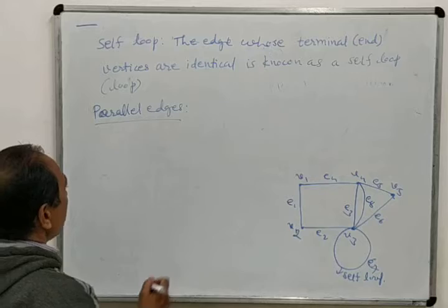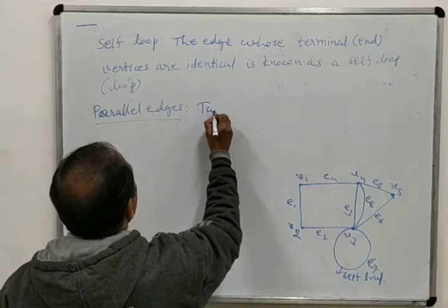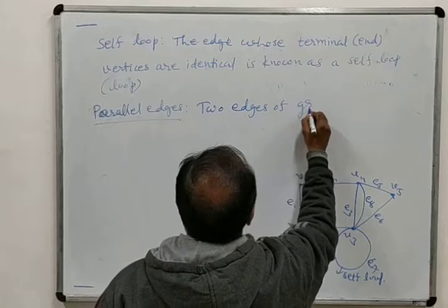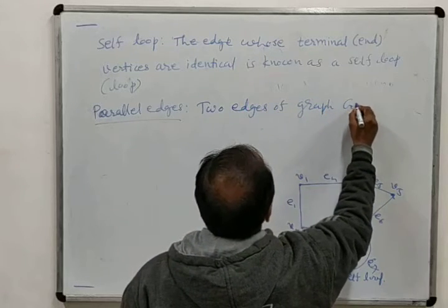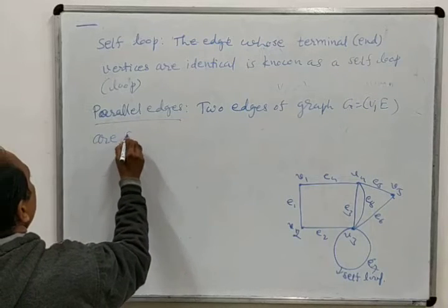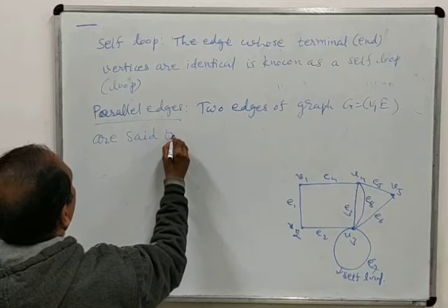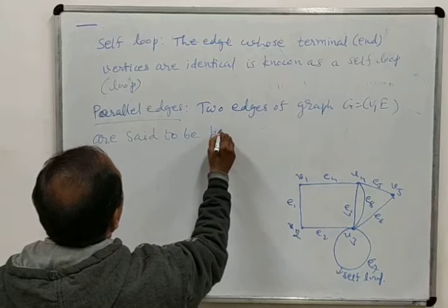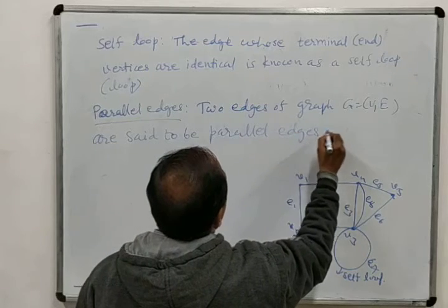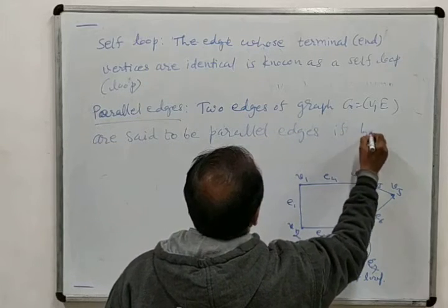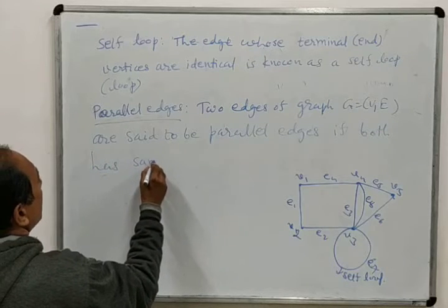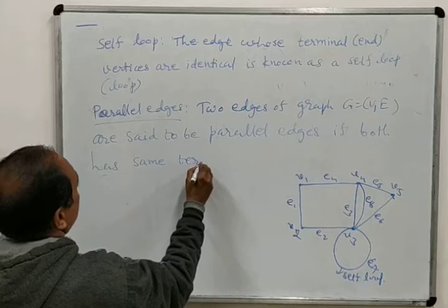So here we will talk about two edges of a graph G equal to (V, E), which are said to be parallel edges if both have the same terminal vertices.